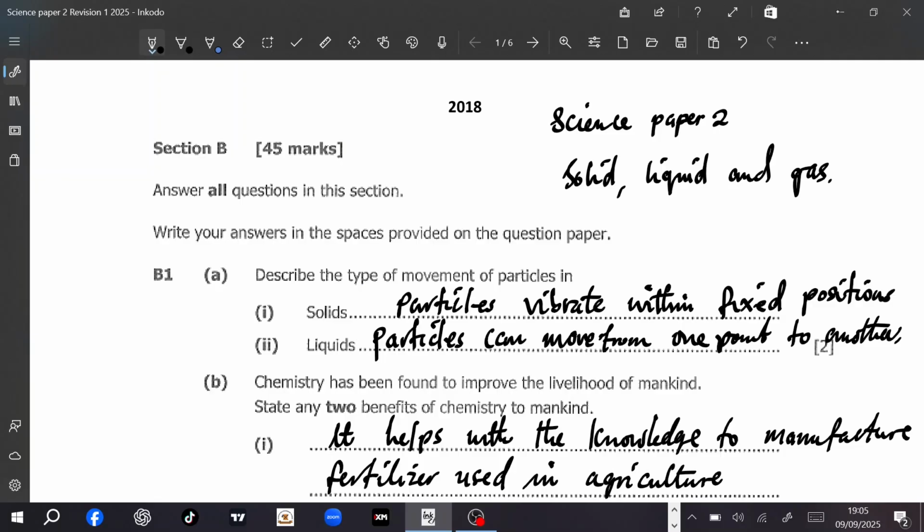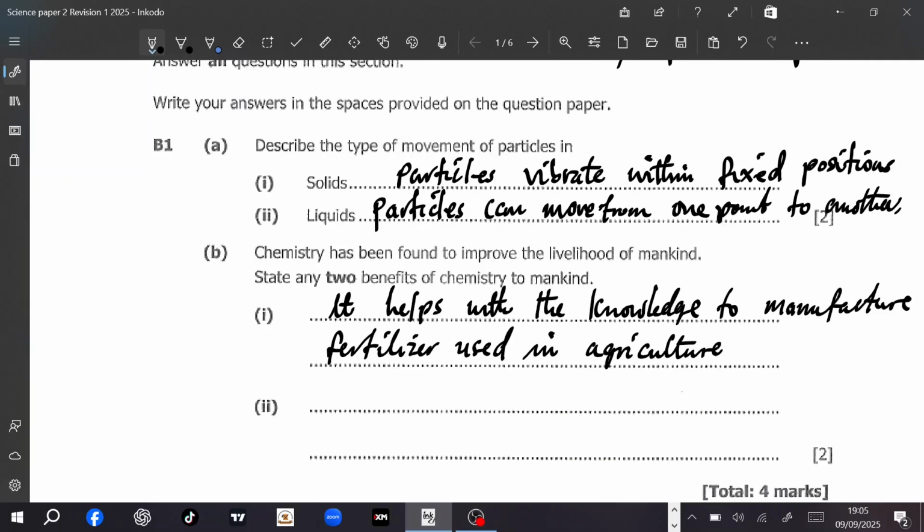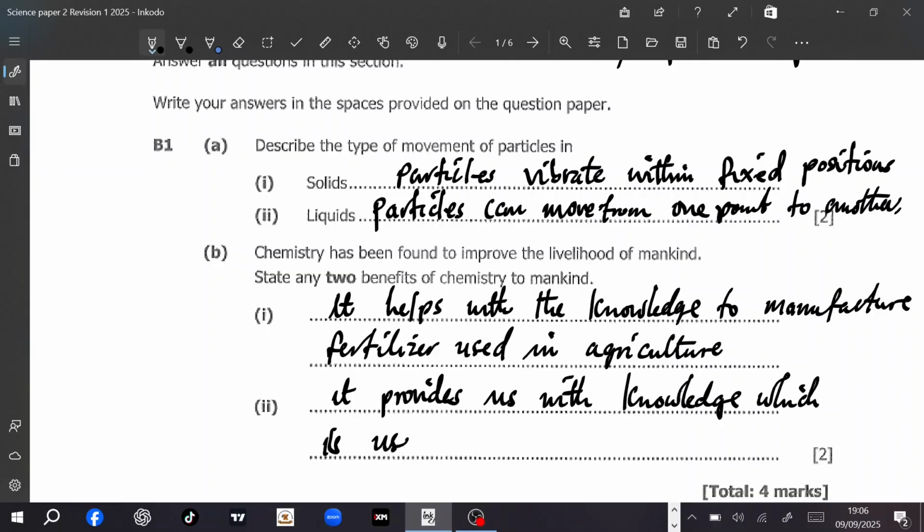Okay? Then the second importance or benefit of chemistry is that you can say it provides us with knowledge which is used in the production of fuel.